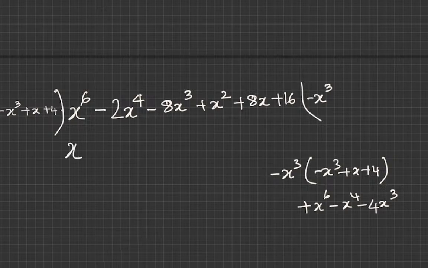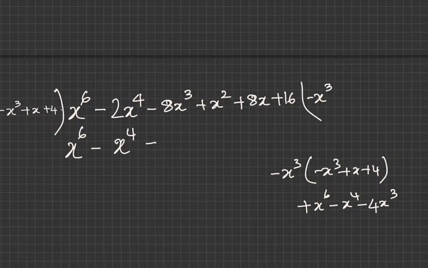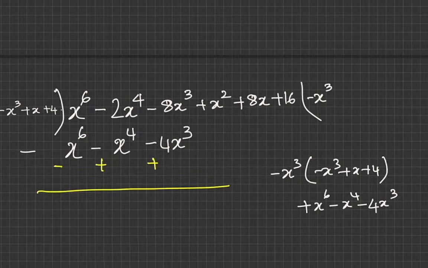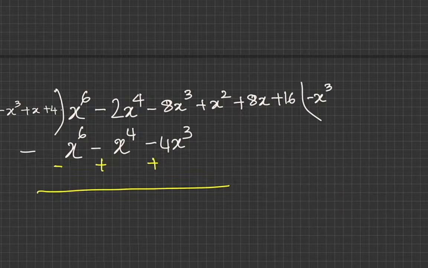So let me do this quickly. Negative x to the power 4, then negative 4x to the power 3. So this is subtraction. This becomes positive, this becomes positive, right? So the x to the power 6 and negative x to the power 6 cancel out. So it will be negative x to the power 4, right?